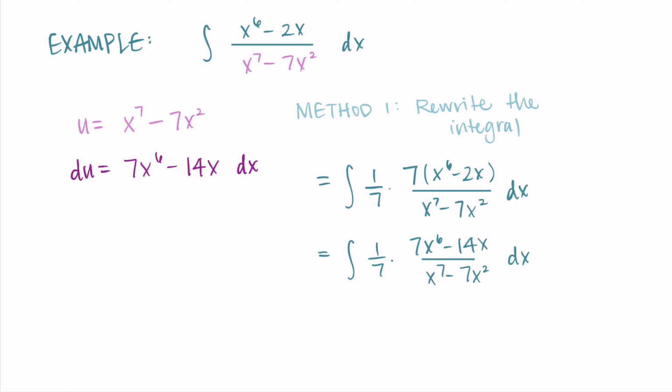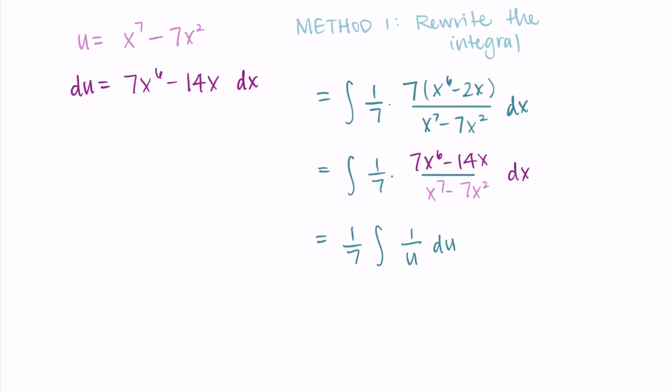So now I'm seeing that I have my du and my u, and I can factor that 1/7 out of the integral. So I'm left with 1/7 times the integral of 1 over u du. So I've manipulated this by multiplying by the 1/7 and the 7 in order to get what I needed. Now I can find the antiderivative.